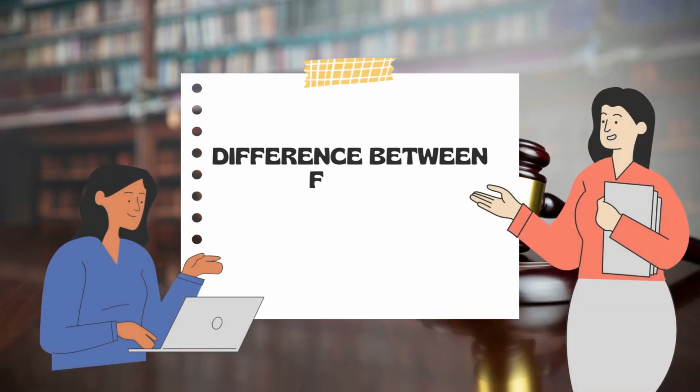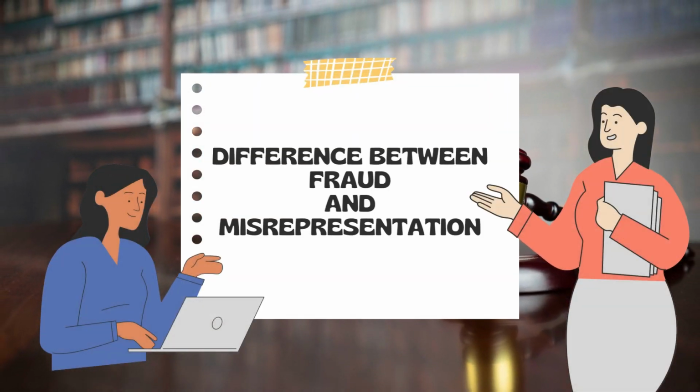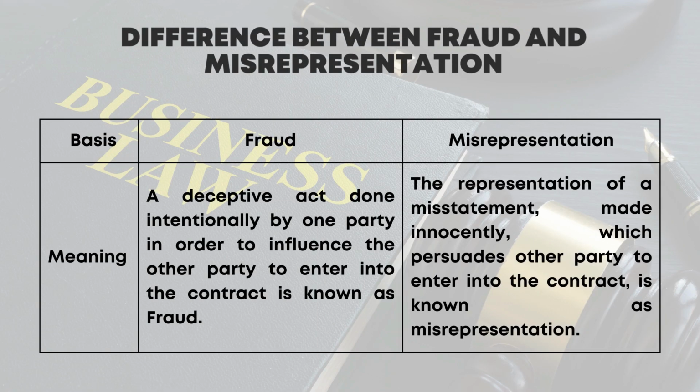Difference between fraud and misrepresentation. When we talk of concealment and representation of information, one must know the difference between fraud and misrepresentation. The first difference is of meaning. Fraud is a deceptive act intentionally done to influence a party to enter into a contract. It is providing wrong information intentionally, without believing that the information is right.